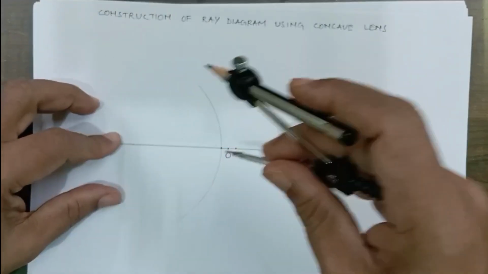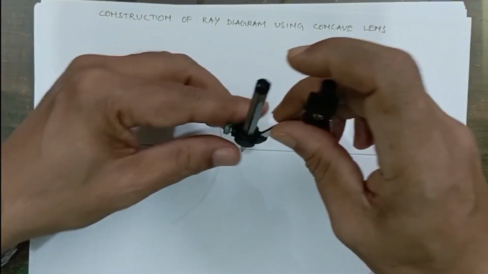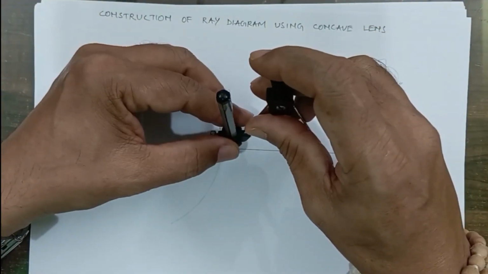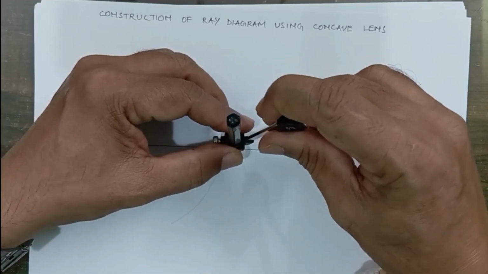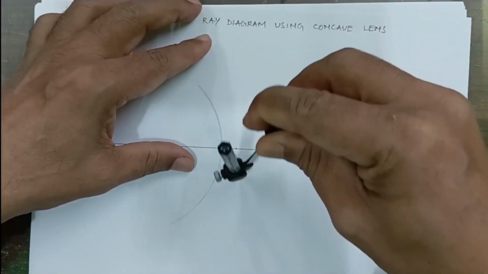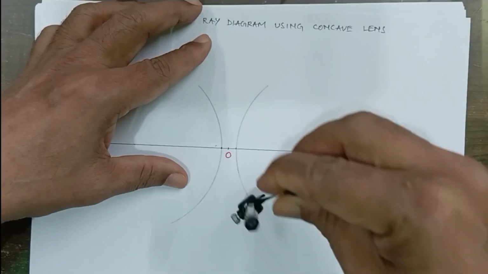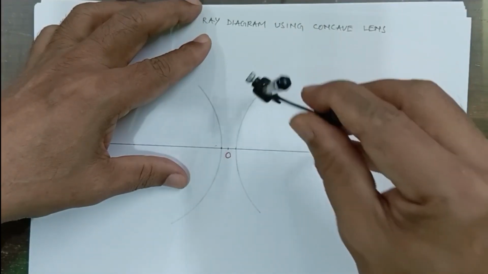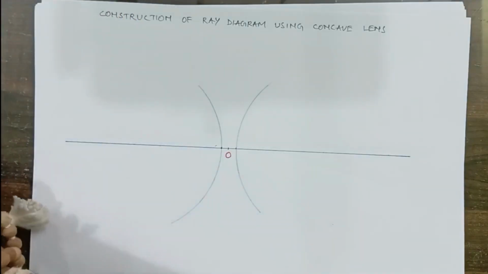With the same radius, match the pencil point with the pencil mark on the right side of the optical center, locate the needle point of the compass on the principal axis and draw the second spherical surface of the concave lens.